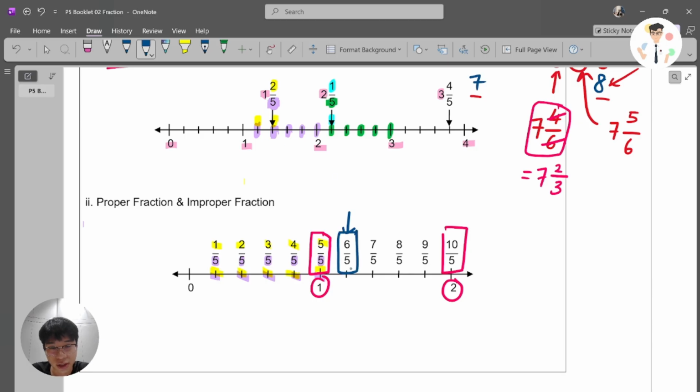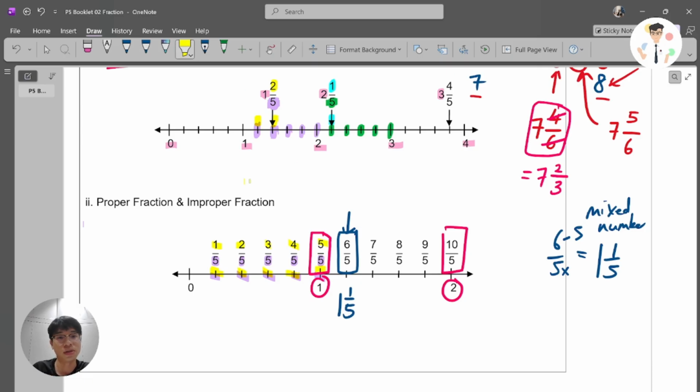Now see this one, right? 6 out of 5. If I were to convert into mixed number, what will it be? It will be 5 times 1 equal to 5. 6 minus 5, 1. And you will notice that this is the same thing as 1 and 1 out of 5.